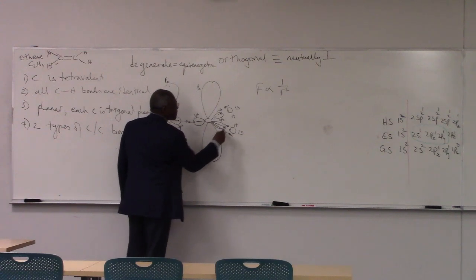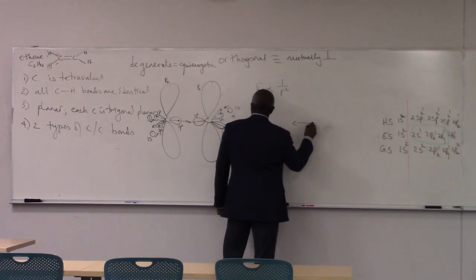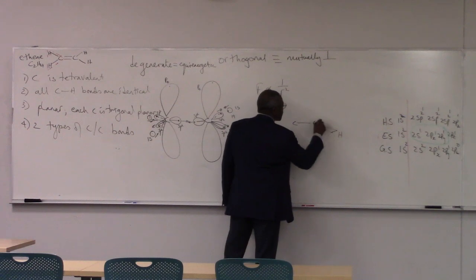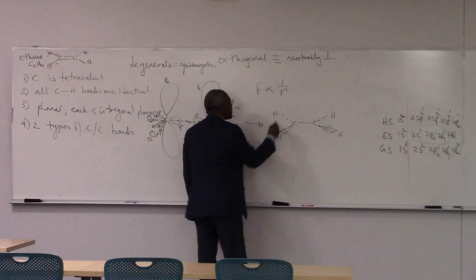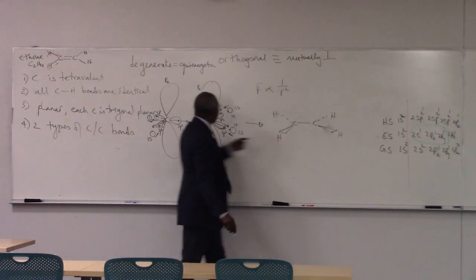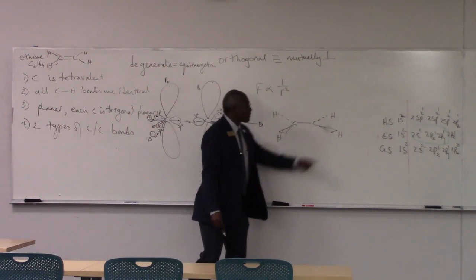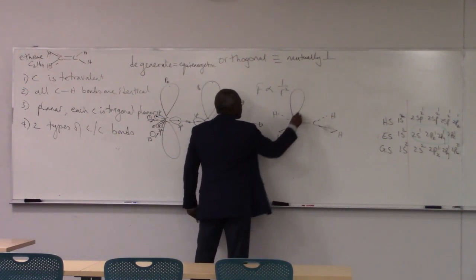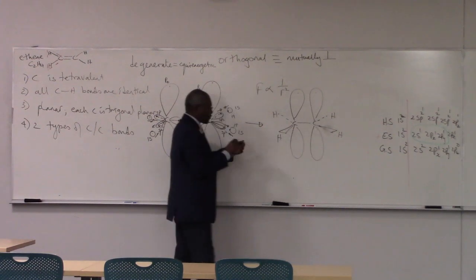So what we're going to get is this scenario. I'll have my carbon. I'm going to draw my bond as a line. An H, an H, and an H. So these are behind the board, 1 here, 1 here. These are in front of the board. This is in the plane of the board, and then I have my p orbitals like this, each with 1 electron.